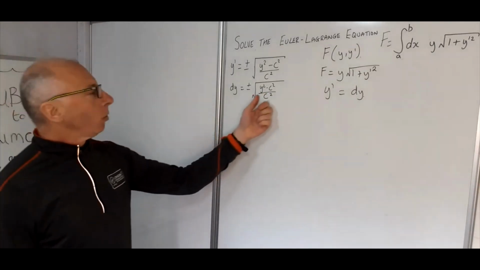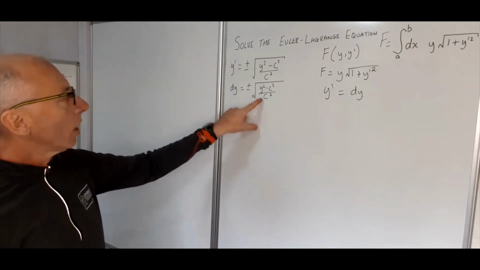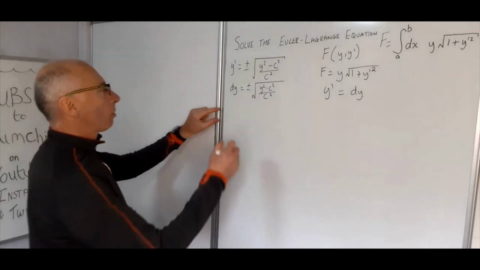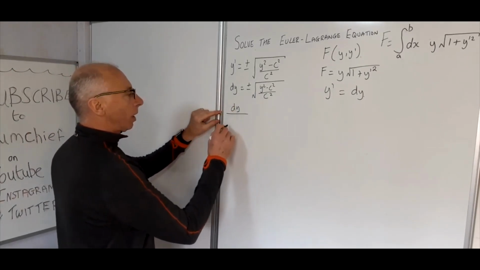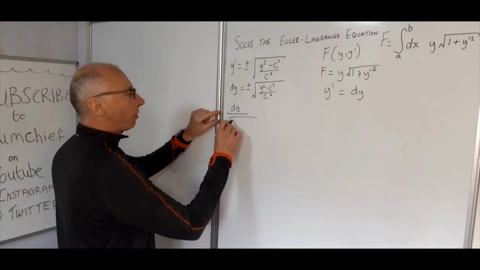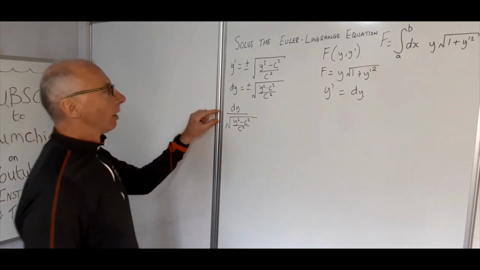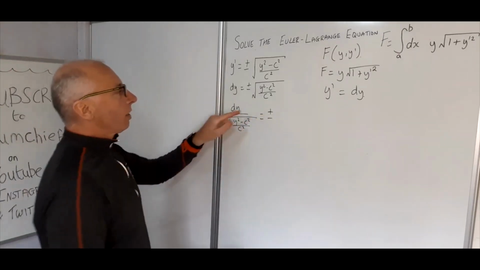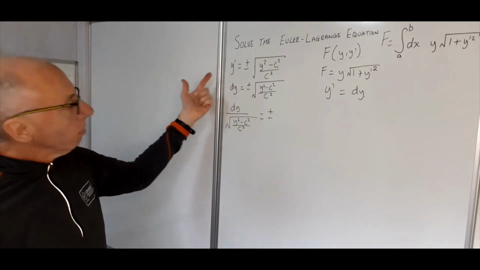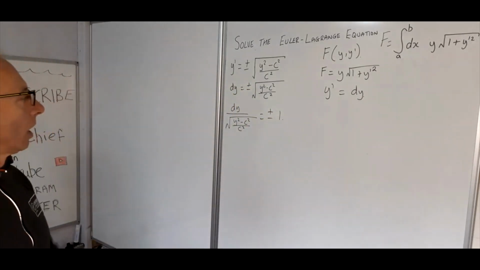Okay, we want to get the y's all over onto one side. So if we just divide both sides by this radical, let's see what we got. So we've got dy divided by the square root of y squared minus c squared over c squared. So that brings that over. And then plus or minus, well, if you divide this by this, we're just left with 1. So that takes care of that.